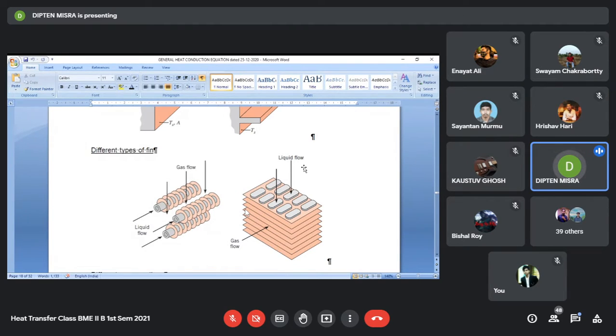Now, what they have shown is that the tubes are shaped elliptic to minimize the pressure drop and also to provide more surface area. It has been made elliptic, but as you make this surface area more, it should be oriented in such a way that the pressure drop is less.